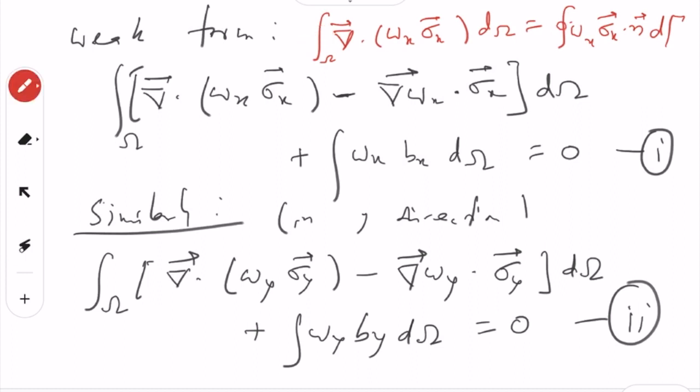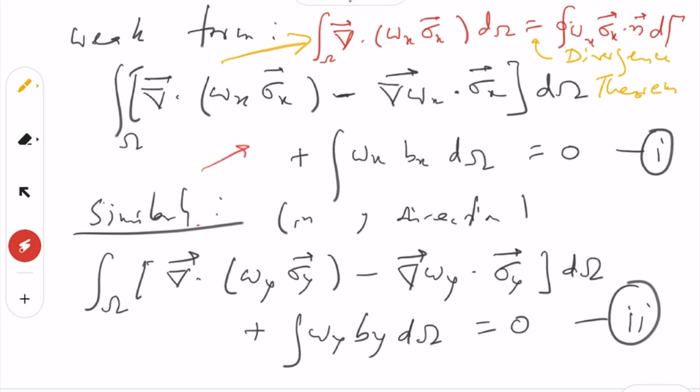This comes from the divergence theorem. And similarly, the same thing we can apply here too, and we can write this equal to the closed integral of wy sigma y dot n, where n is nothing but the unit vector perpendicular to the boundary.